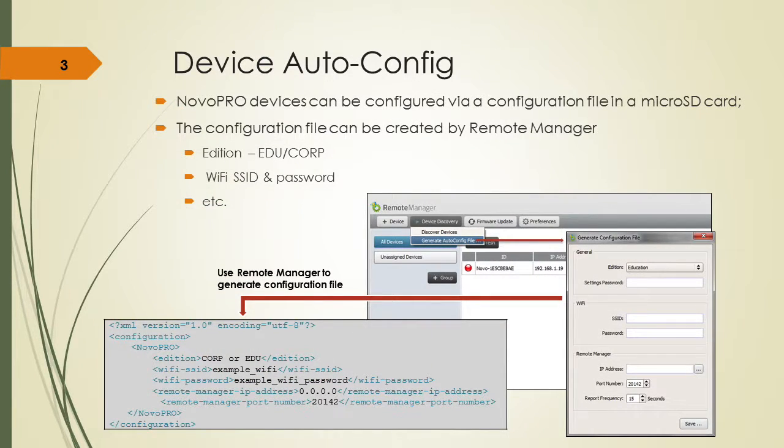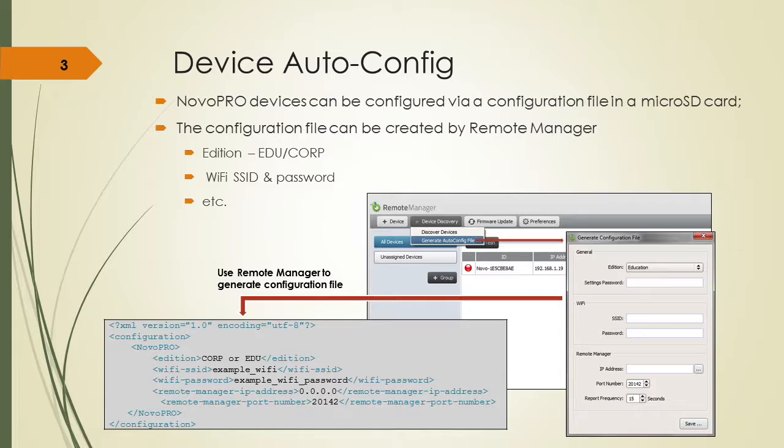In relation to the proper network deployment, here we highlight a key feature called Device Auto-Config. This is very important for large-scale deployment. The video Remote Manager Basics also covers this topic. In a small-scale Novo Pro deployment, those individual Novo Pro devices can be added into Remote Manager manually, one by one.